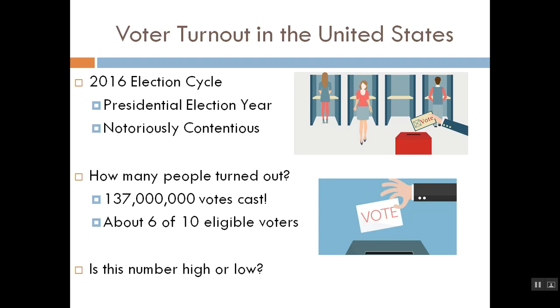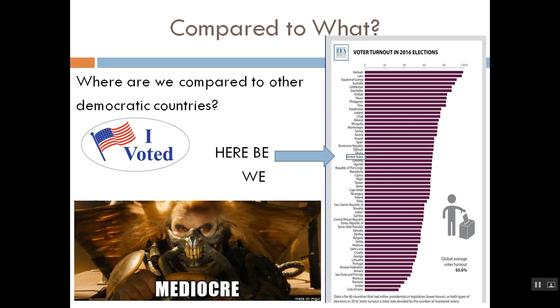And yet, when I tell you that this number is relative, I do also want you to understand that this is very low voter turnout compared to where we've been, and it's pretty average turnout compared to other places in the world. So, for example, if you look at the chart on the slide here, you're going to find the United States compared to the 59 other major democracies, and what we're going to discover is that we're right smack dab in the middle.